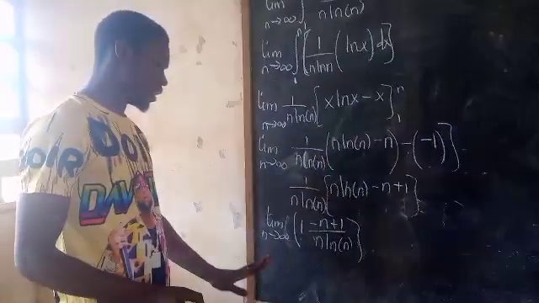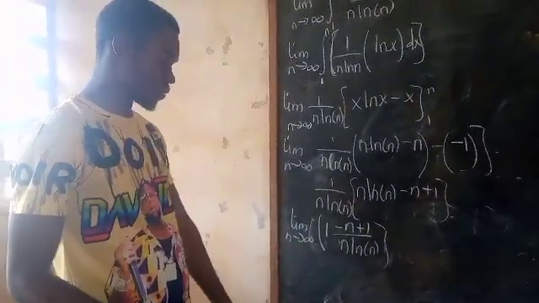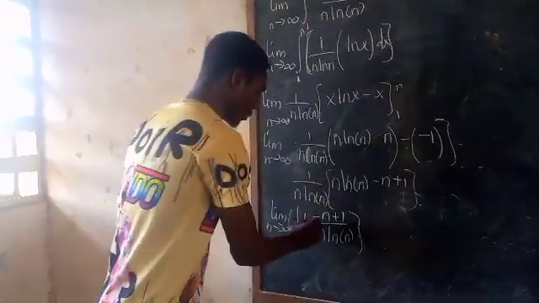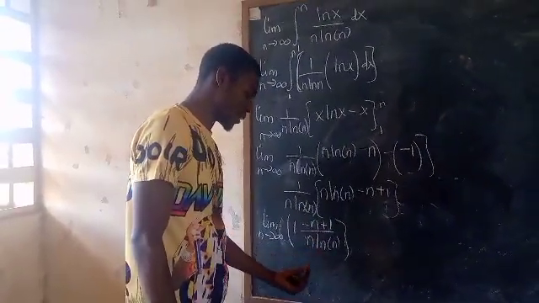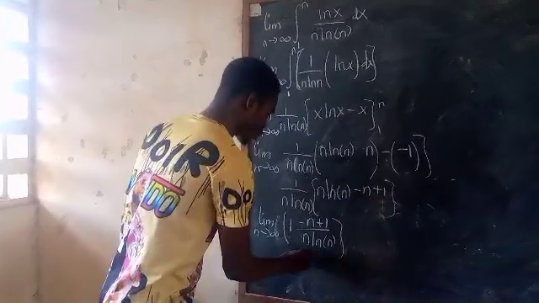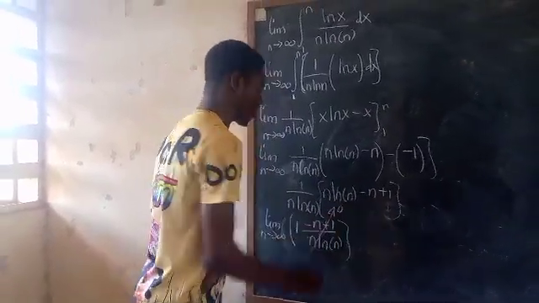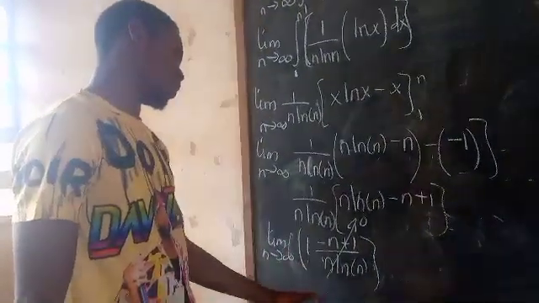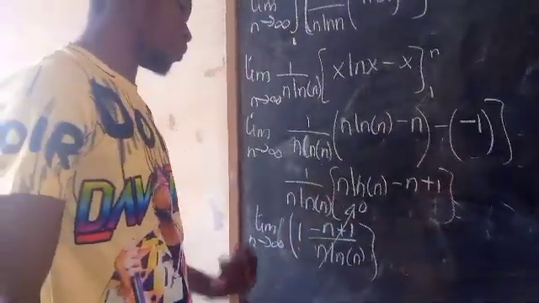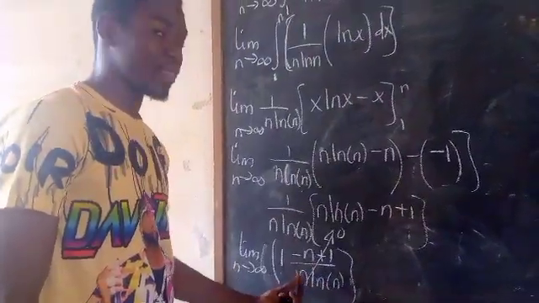So now as n goes to infinity, guys, we see that this part, negative n plus 1 over n natural log of n, obviously goes to 0. This whole part goes to 0. Why? Because the bottom is heavier than the top.